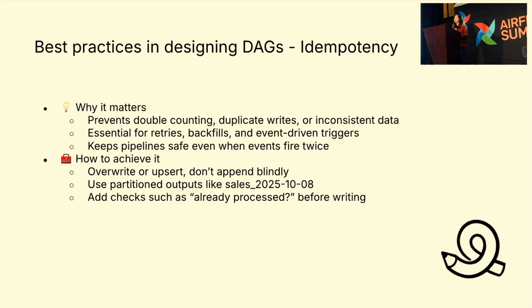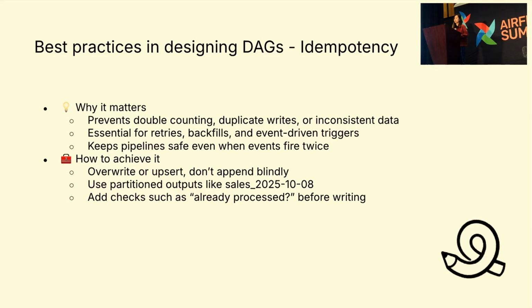This is very important as we are moving into event-driven scheduling because, as I mentioned earlier, let's say we have a file uploaded to an S3 bucket. It could be that S3 incorrectly sent us two file arrived notifications by mistake. However, your DAG should be able to handle those cases and there shouldn't be data corruption.